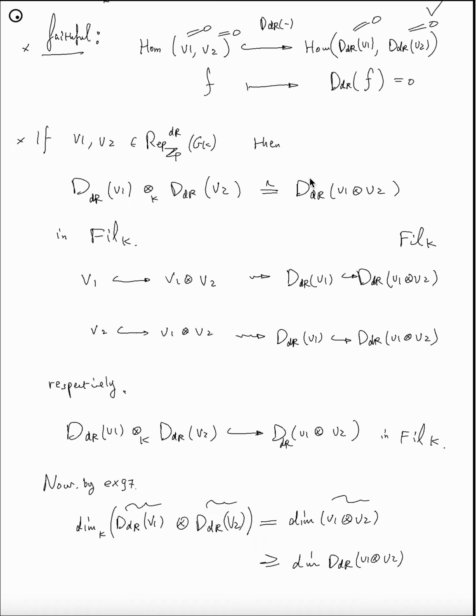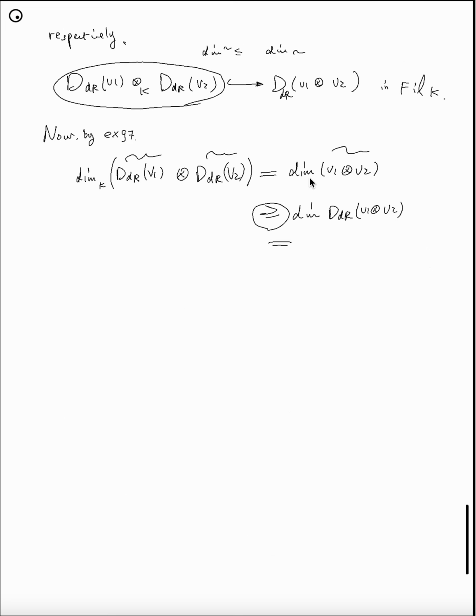So you have a subvector space of this, but this has dimension less or equal than that. And so this must be an equality, and so it is again admissible, and so this is again de Rham.